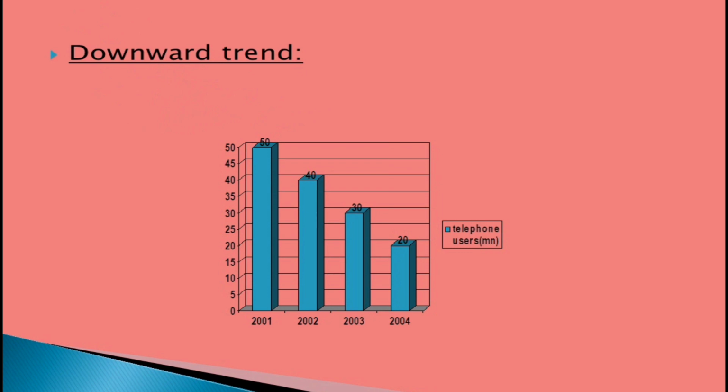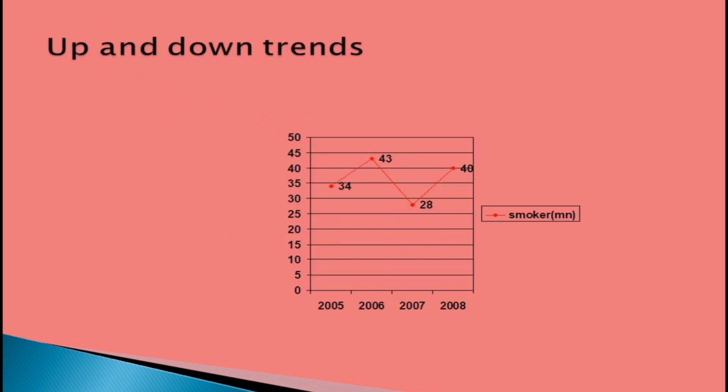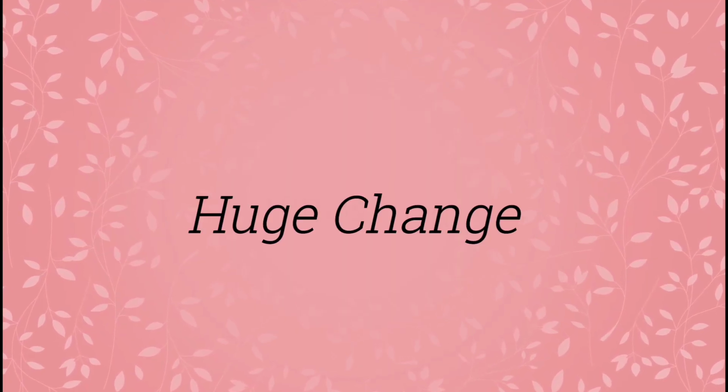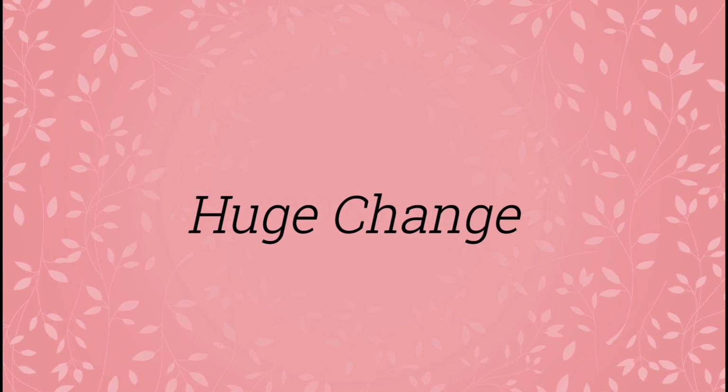Next, I will show you another way to describe when you find ups and downs trend. You also can use fluctuated, zigzagged, or undulate. Next, huge changes. If there are huge changes, you can use dramatically, sharply, suddenly, enormously, rapidly, steeply.